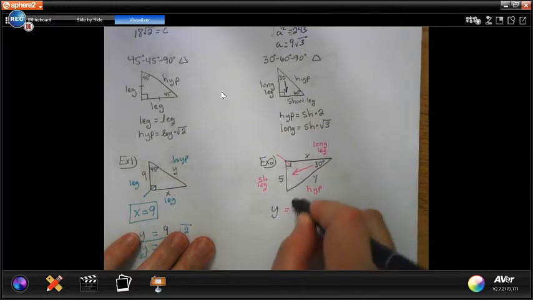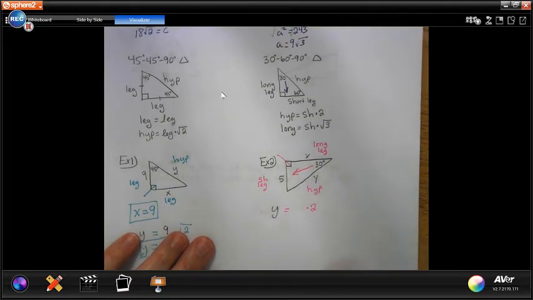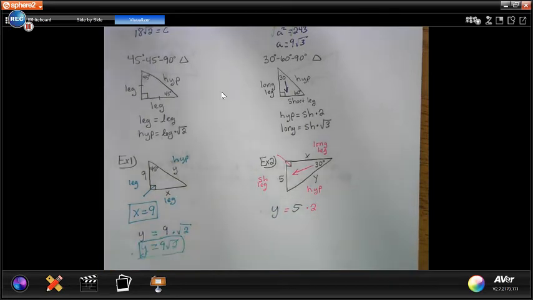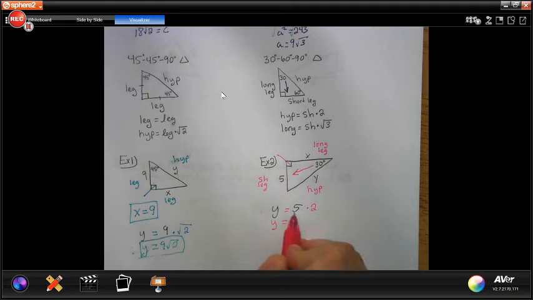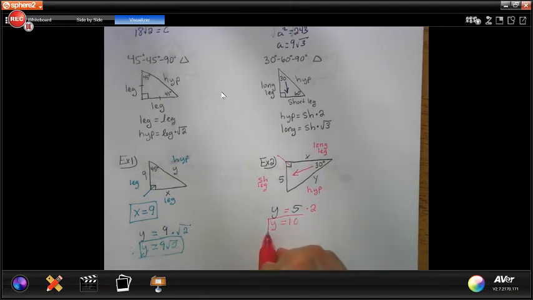The short leg, I've labeled that, is 5. So I get y equals 5 times 2 is 10, and now I found y. I don't have to find x first if I don't want to.